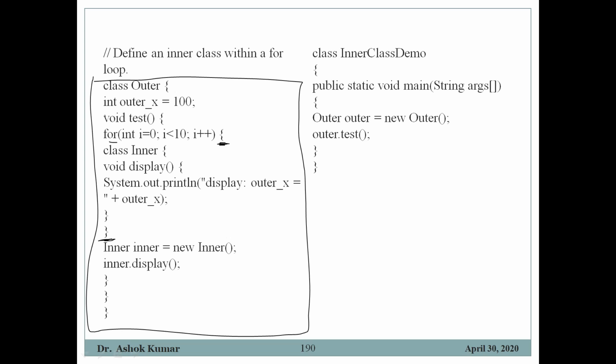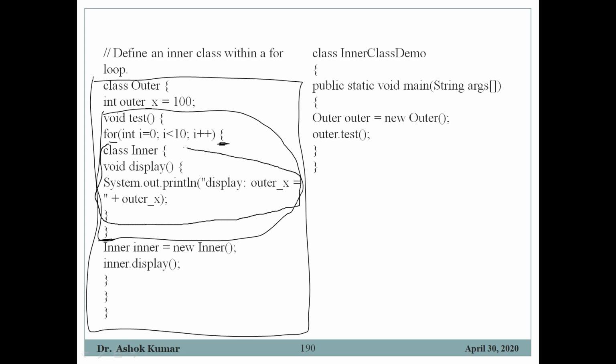This is a test method, and in the test method we are defining another class, a nested class. This nested class is nested inside the for loop of the test method. So this is the test method, and in its for loop we have defined a class.